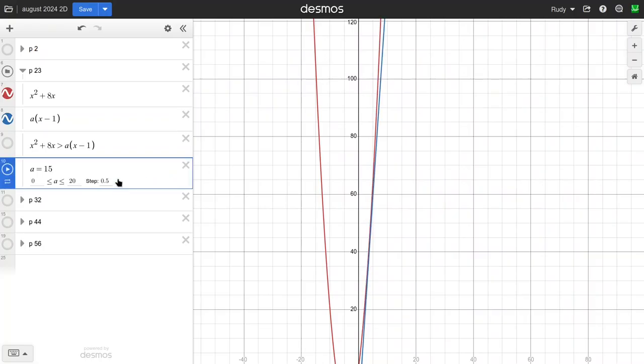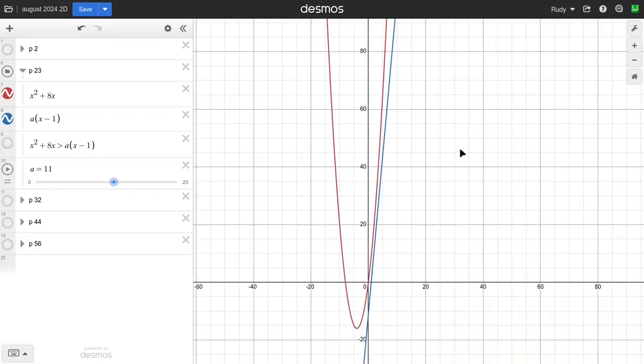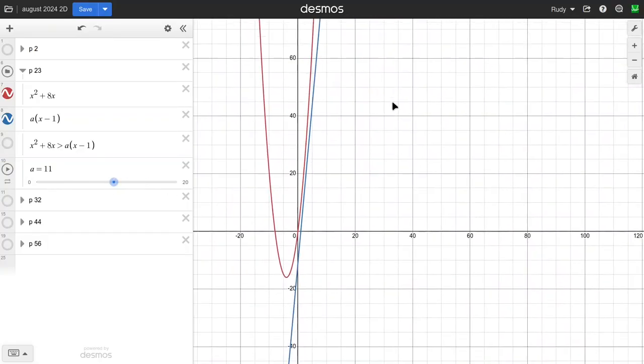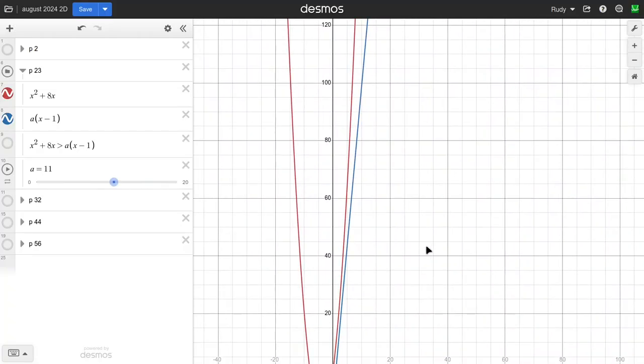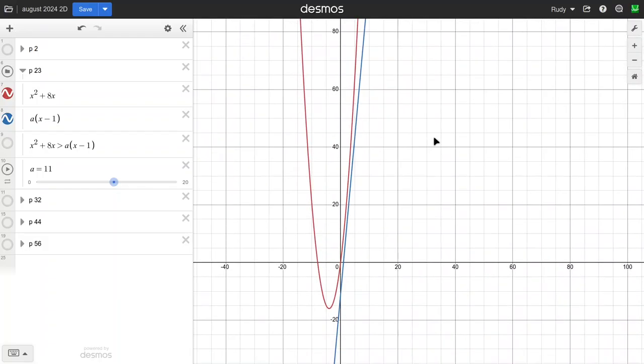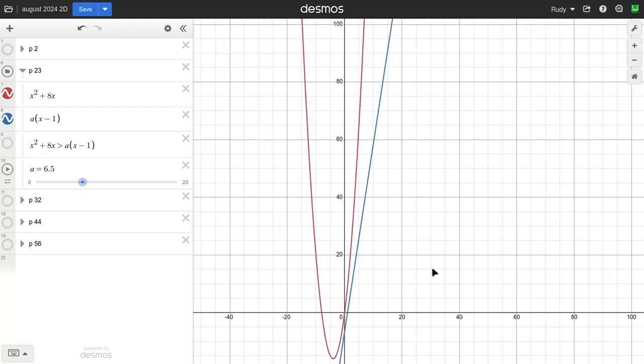So between 16 and 4, you can see that the line never crosses the parabola and is always of a smaller value. You can easily see it's a range.